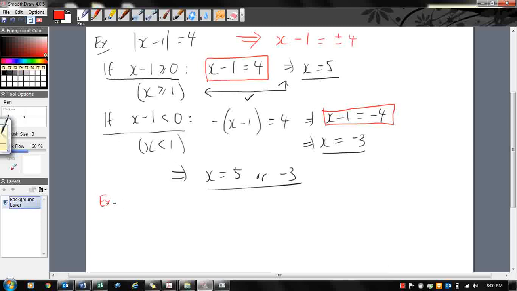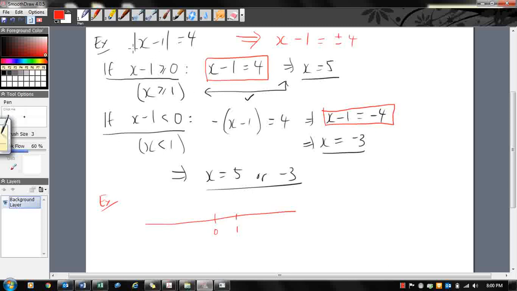The third way, so just redoing this example, what this actually means geometrically speaking is that the distance from some point x to the point 1 is equal to 4. So it looks something like this. Here's our number line, there's 0, and here's 1.